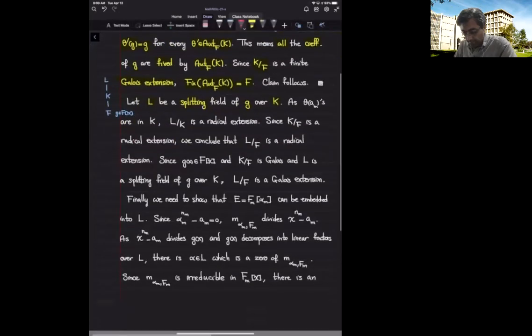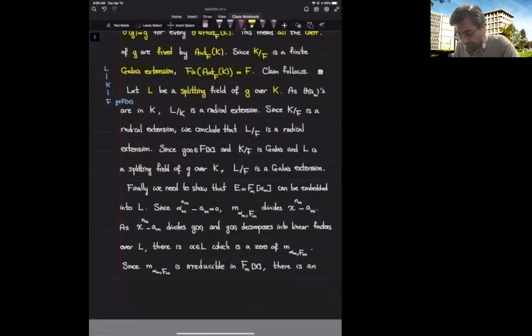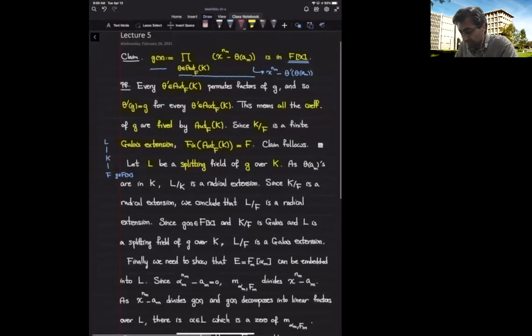So by considering L a splitting field of G over K, because of this claim and knowing that G belongs to F bracket X, we deduce that L over F is a Galois extension.